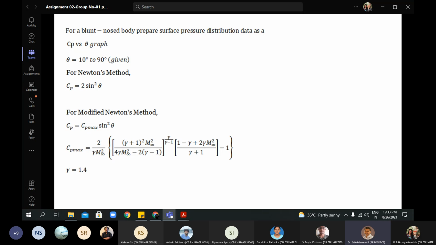So for a blunt-nosed body, the point at which the flow collides with the body, or the point normal to the surface, is the point at which the stagnation pressure occurs. Okay, so that is downstream of the detached shock, the bow shock, right? Yes, sir. Okay, that's right. Thank you. Thanks to the first group.